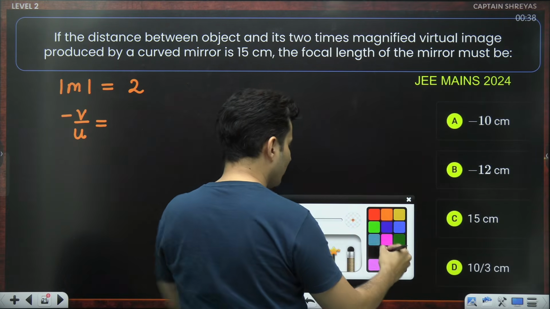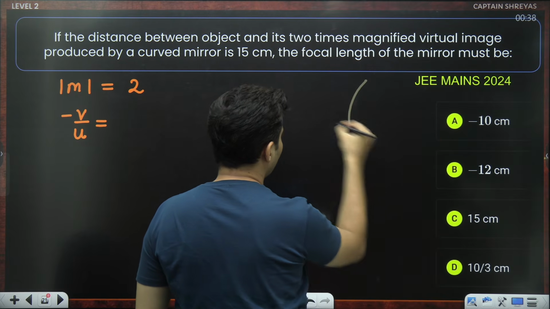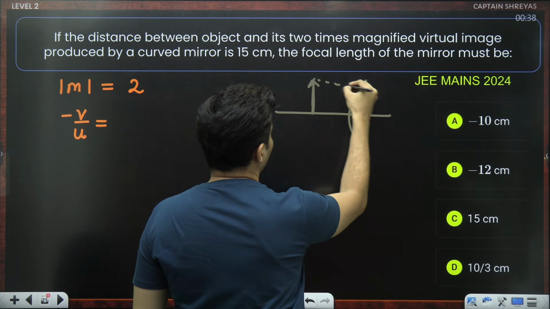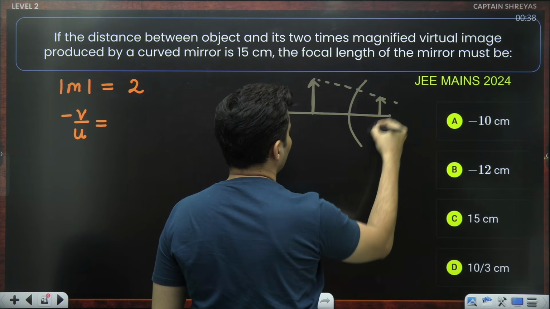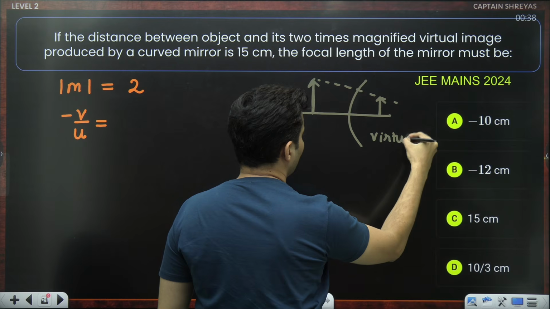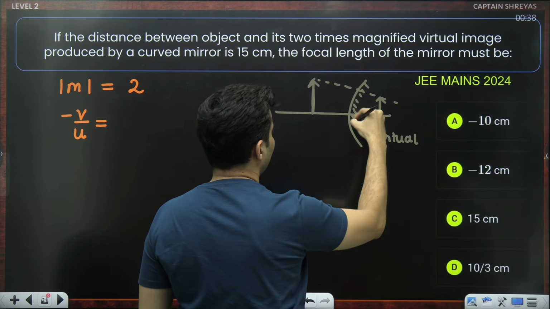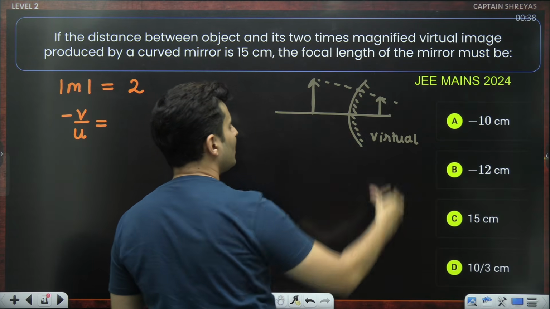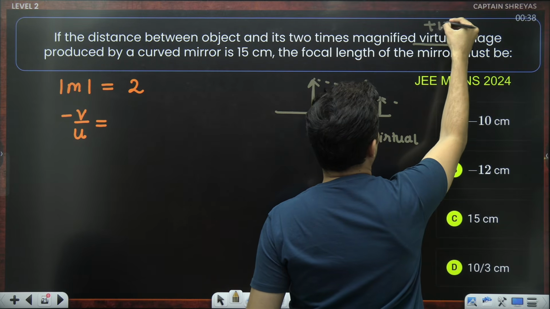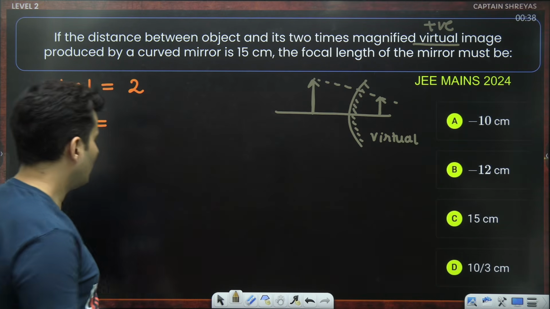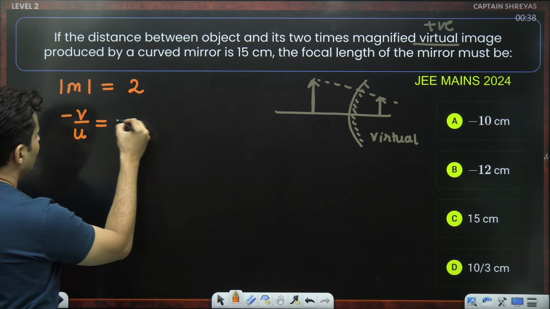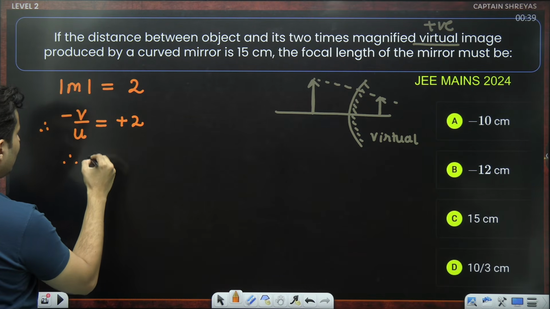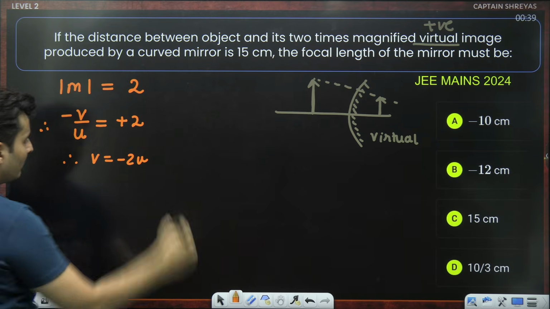Take the example of this particular mirror: imagine the object was over here, and it formed a virtual image over here. This is the virtual side behind. So the image is erect, and the magnification is positive. So this minus V by U value should be plus 2. Rather, I can also say V is minus 2 times U.